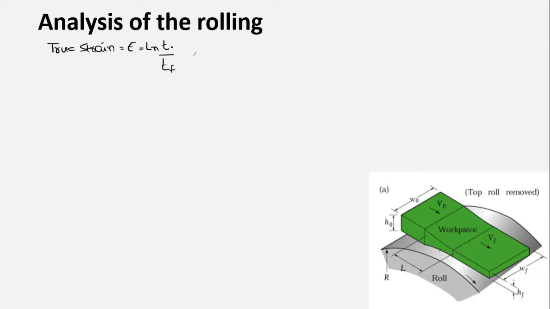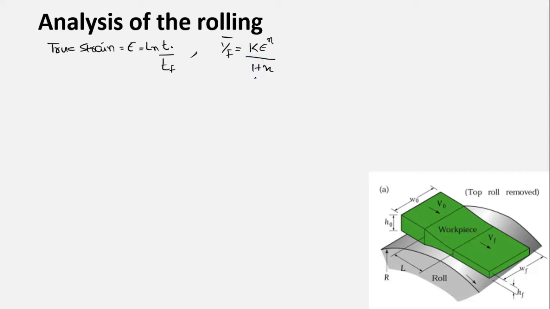There is no impact load by the rolls. The rolls are not applying impact loading on the workpiece, rather the pressure is being applied gradually. So what kind of flow stress will we be considering for the rolling operation? That would be the average flow stress, right? So what was the average flow stress? That was equal to the strength coefficient K into the strain hardening exponent n, divided by 1 plus n.